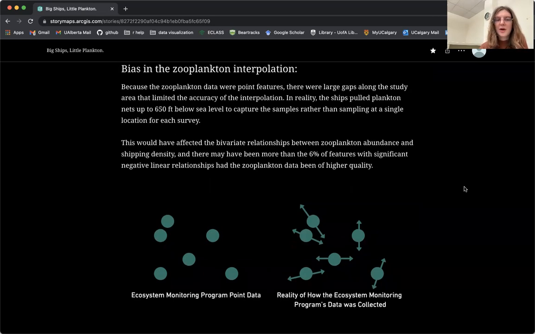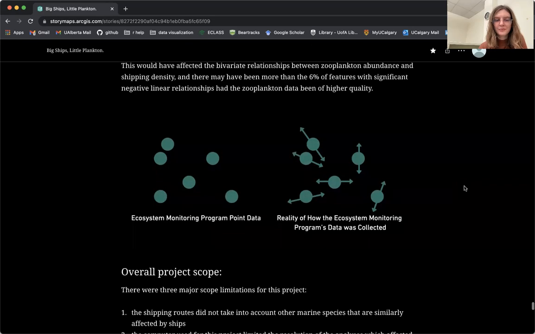So this would have affected my bivariate relationships, and I think there may have been more negative relationships had my zooplankton data been of higher quality. And it's not that it wasn't of high quality, it was an extremely comprehensive data set. It's just it wasn't meant for the purpose that I used it for.